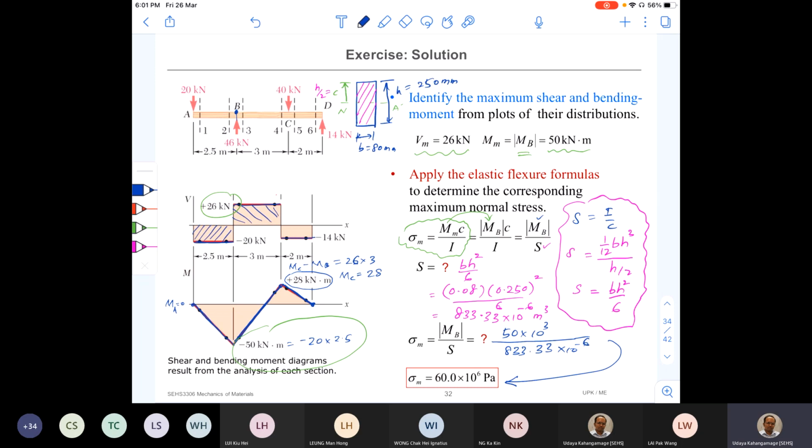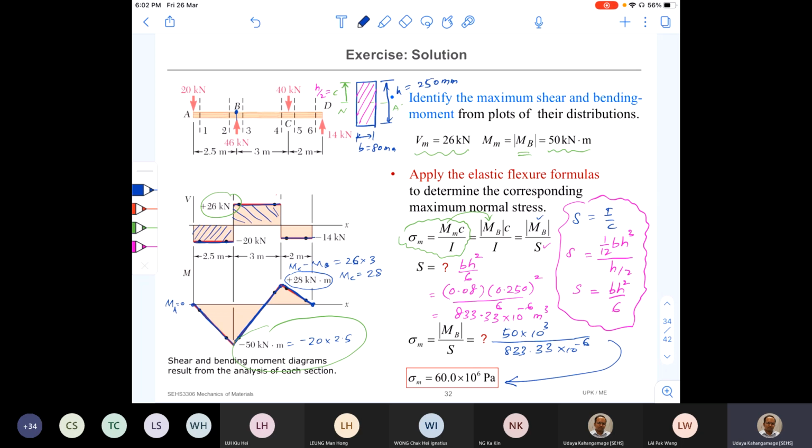So can you see how the things that we have learned connect with the practical engineering design of beams? This is what engineers do. You do the calculation and find the maximum internal stress, and by comparing it with the material properties, you can find the appropriate geometry for this member.